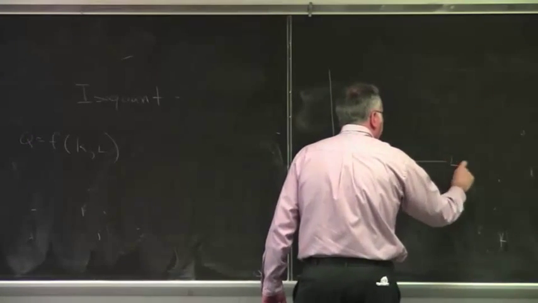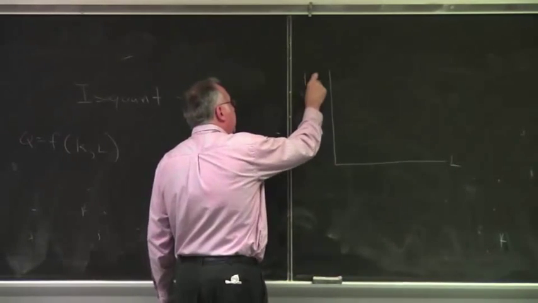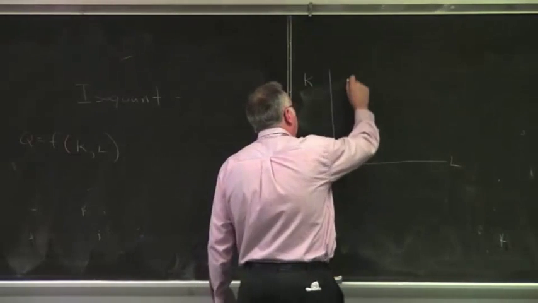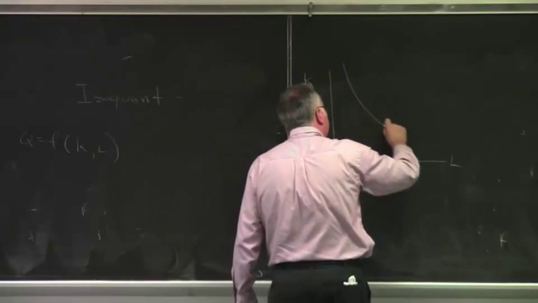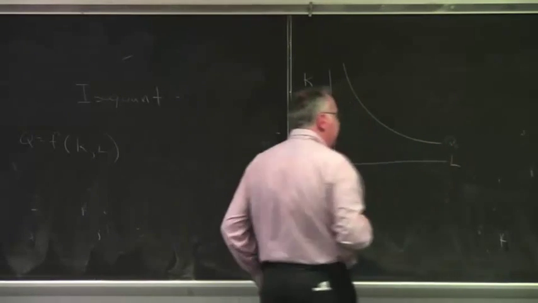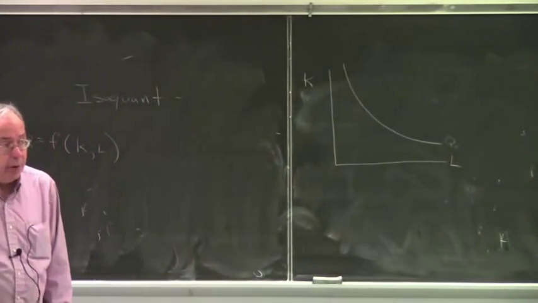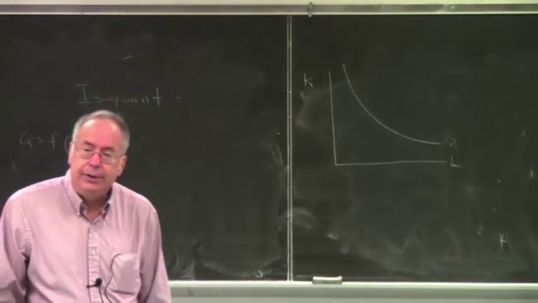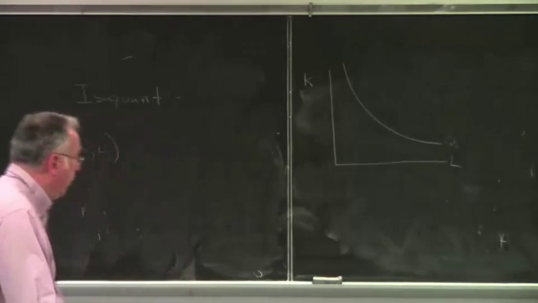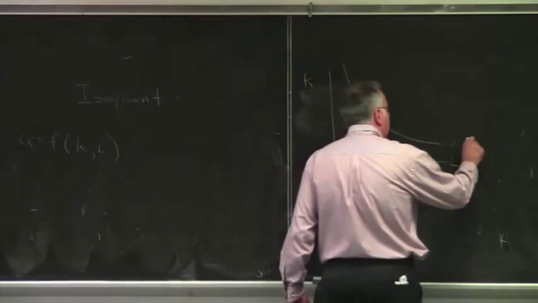Let's measure labor input on the horizontal axis and capital input on the vertical axis. Then what an isoquant would show is all the different combinations of capital and labor just capable of producing this output level of Q sub 0. Q sub 0 could be, say, 100 tons of steel per month.